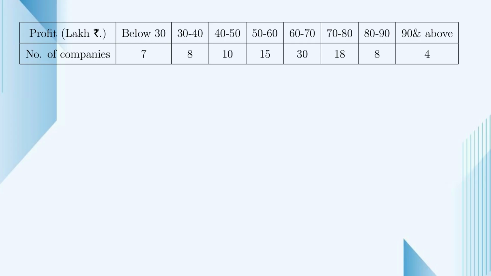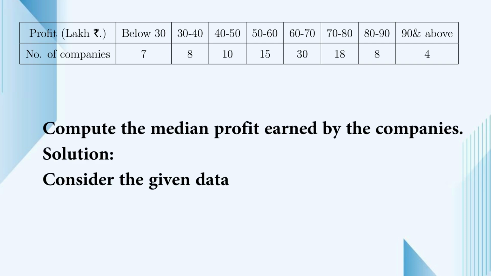Now, let us see how to compute median for a continuous data. The profit earned by 100 companies is given below. Compute the median profit earned by the companies. To compute the median, let us first tabulate the data.